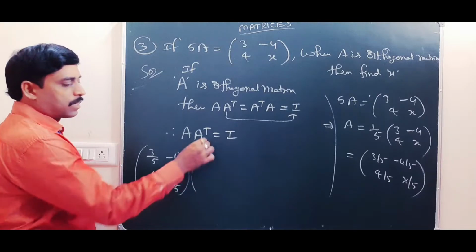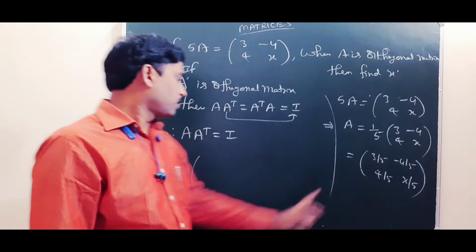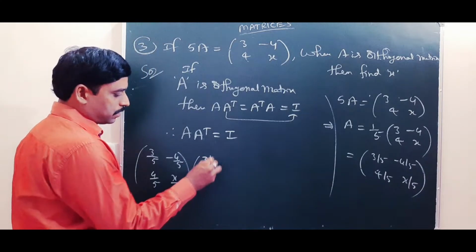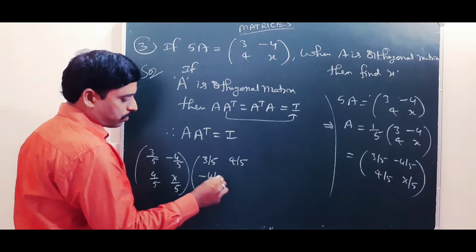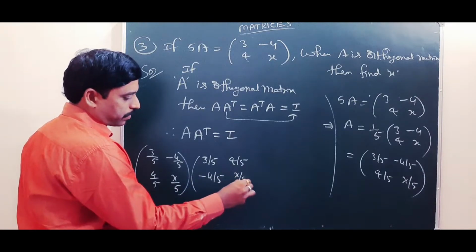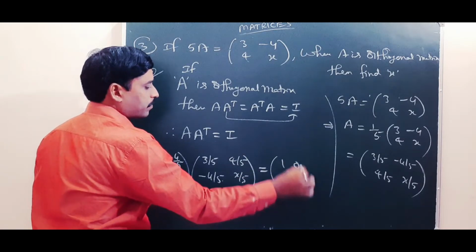Now write A into transpose of A. Transpose of this matrix: the first column will be changed into the first row. The second column, minus 4 by 5 and x by 5, is the second row. This is equal to [1 0; 0 1].